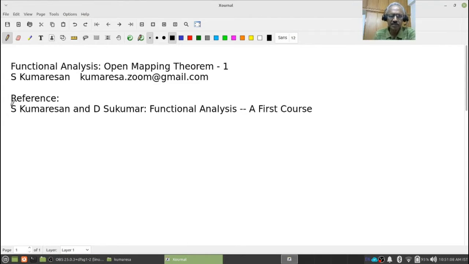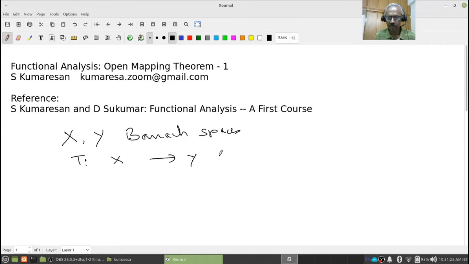So what does the open mapping theorem say? Let X, Y be Banach spaces, that is, complete normed linear spaces. Let T from X to Y be continuous and linear. Usually people say bounded linear.